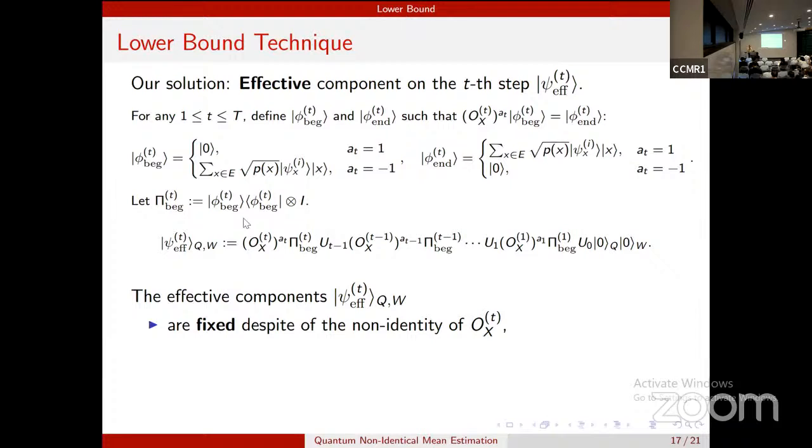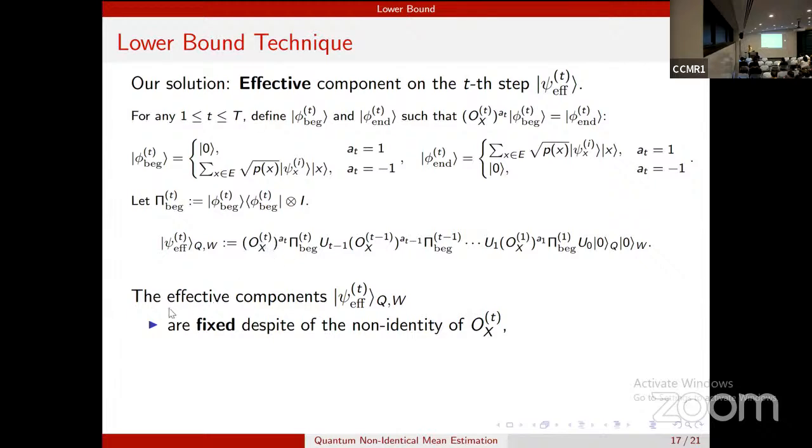It projects any quantum state on the query register to the phi begin quantum state, which is the only state we know how O_X^T acts on. So the effective component is defined as follows: each time after we apply an arbitrary unitary, when the quantum state in the query register has become an arbitrary quantum state, we apply the projector to project it to the phi begin quantum state, the only one we know how O_X^T acts on.